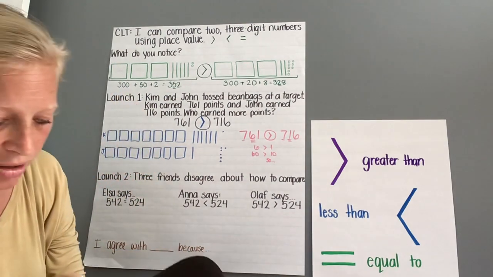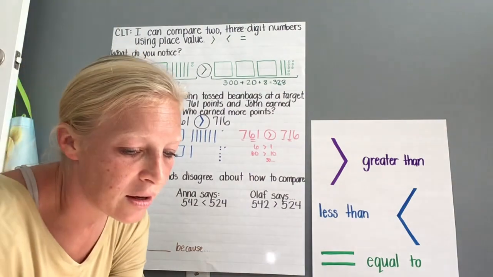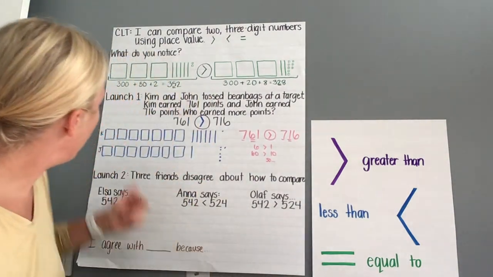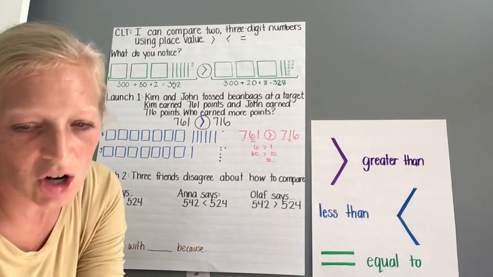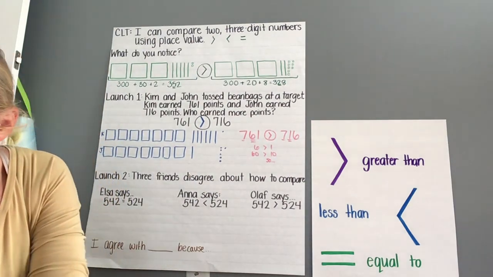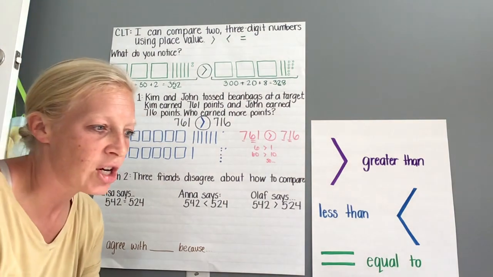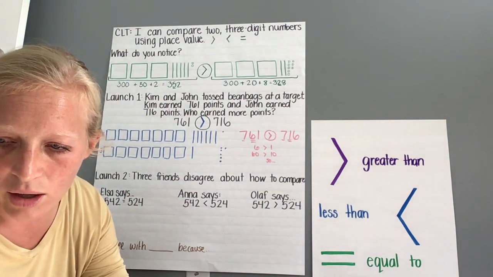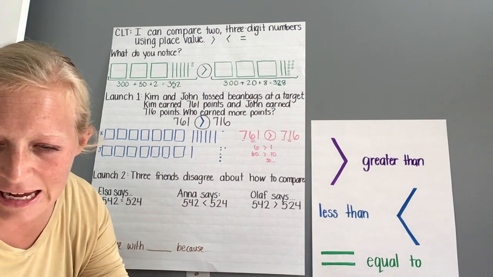I see some models being drawn already. Ooh, I even see thinking about lining them up like this with Kim and John. Put a thumb in front of your tummy when you're ready to share. Who do you agree with? What was their mistake?